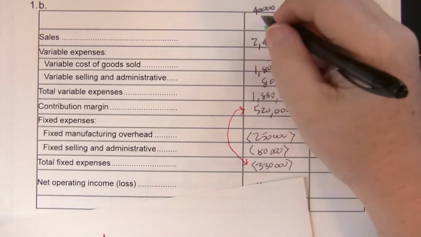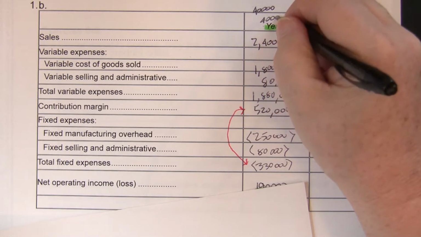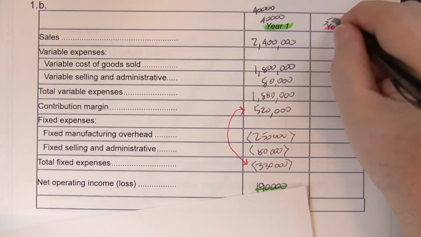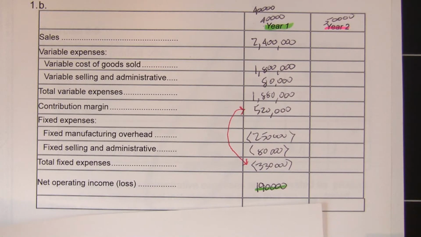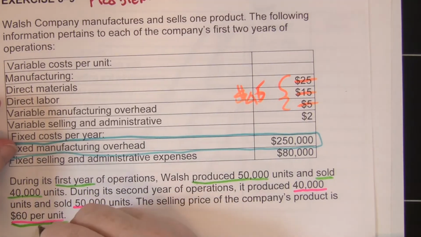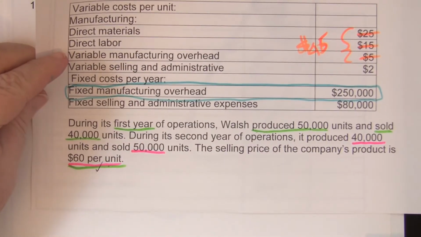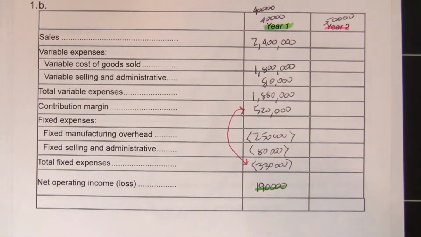So the sales were 40,000 for year one, 50,000 for year two. So 50,000 units times $60 per unit. That hasn't changed.